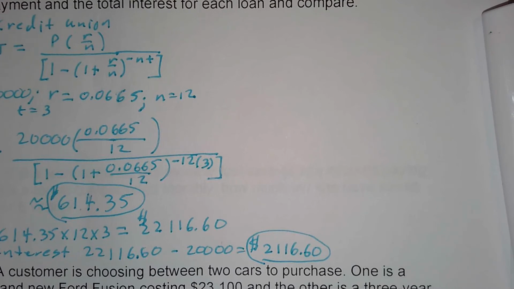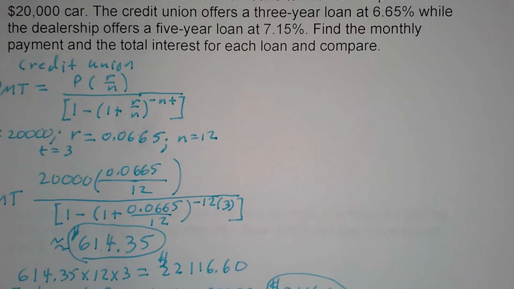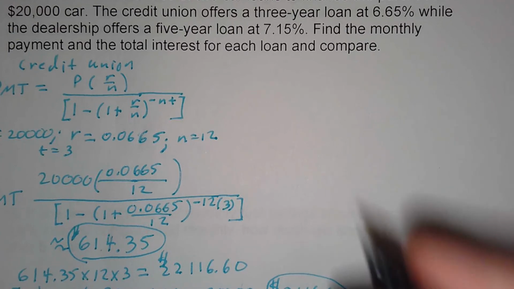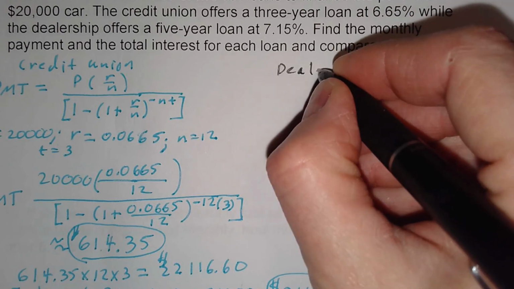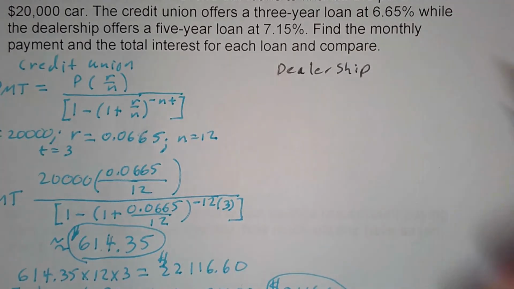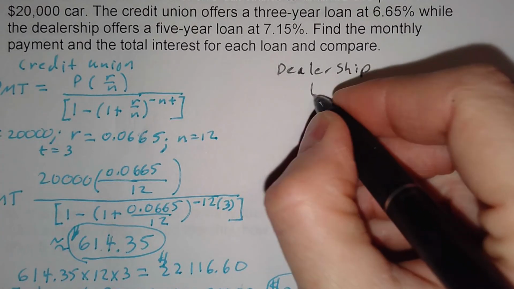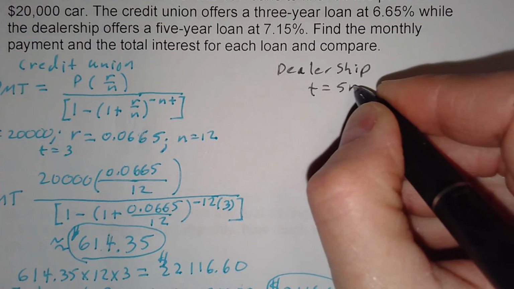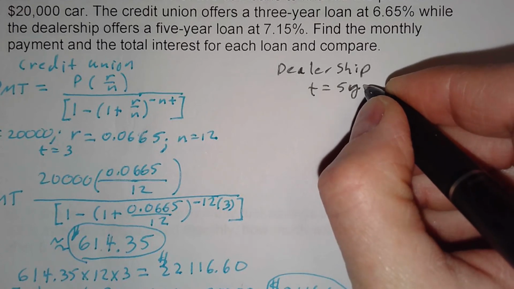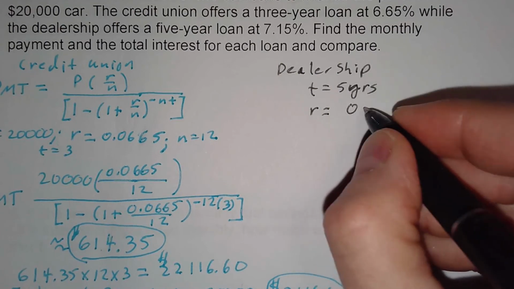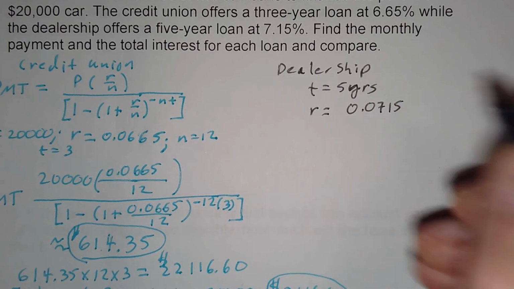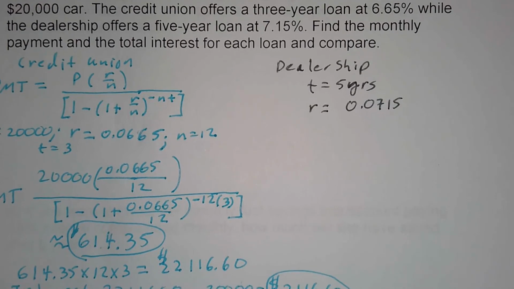Now let's try looking at the dealership. The only thing that changes on the dealership is that now my T is 5 years. And R would be 0.0715. Everything else is the same.